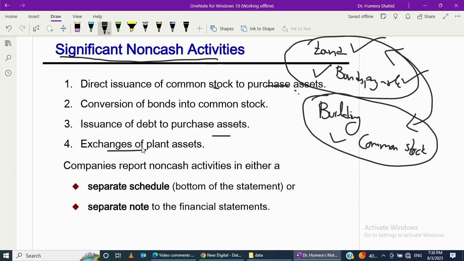You take their asset and they take your asset, non-cash, right? So it's important that when you are preparing the cash flow statement, in the notes to the cash flow statement or at the bottom of it, you separately mention that these are non-cash activities. So do remember, we cannot ignore them, but yes, we have to significantly mention them because they are of big amount. We have to mention that these activities happened, but they were non-cash.